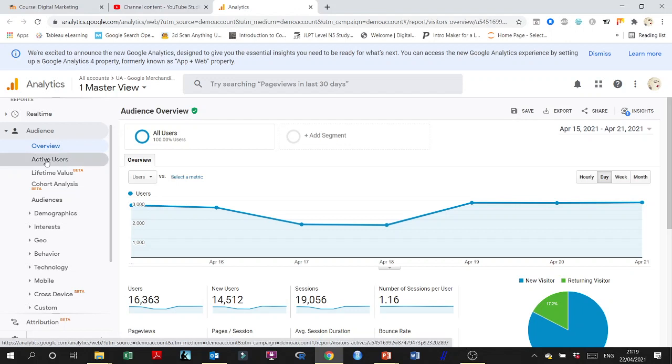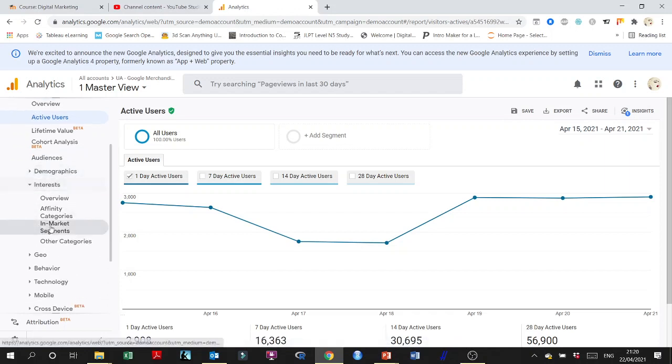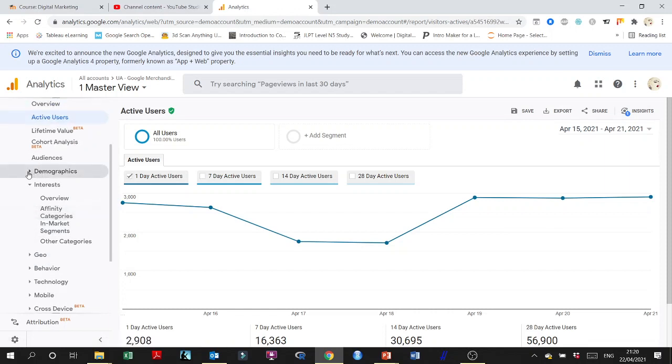Take a look at all these reports under audience. I don't think you need to look into active users, but rather take a look at audiences, demographics, and their interests. I haven't explained all this yet, but I trust that you can get around with it.